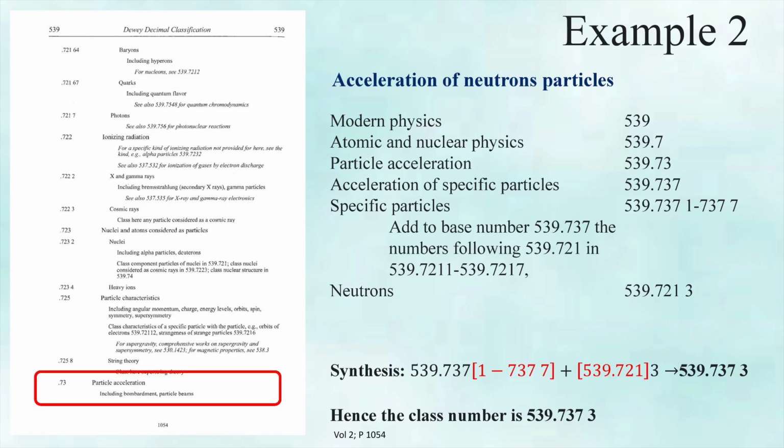So we have to move in higher order collateral class, from where we can find the neutron in 539.7213.